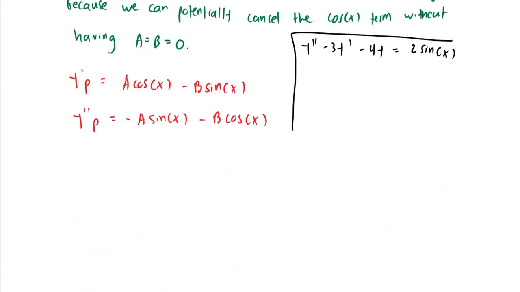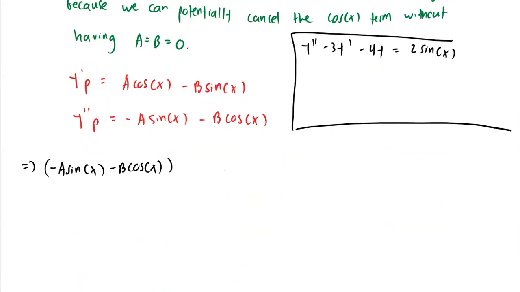So let's go ahead and plug it in. So y double prime is negative A sine x minus B cosine x. Then minus 3 times y prime, which is A cosine x minus B sine x. Actually, I don't know why I wrote parentheses here.